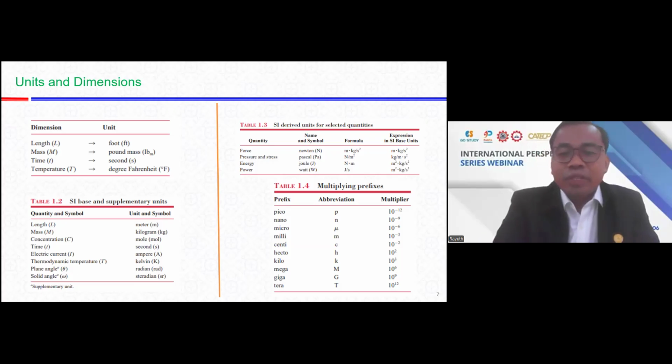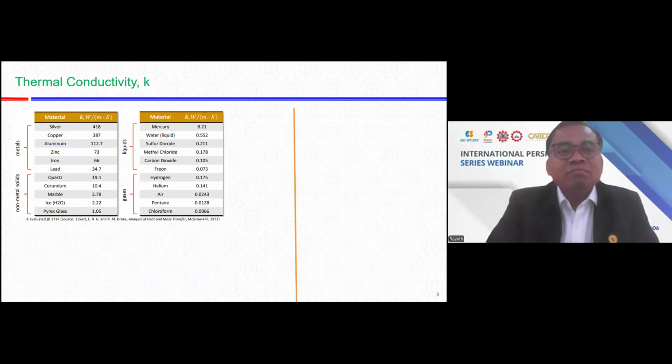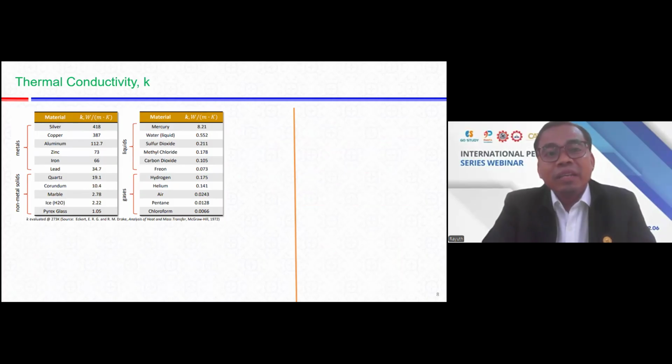Unit is important. And as I mentioned at the beginning, heat moves from high to low, so we have to select the material for its thermal conductivity. We will look at metals and non-metals, liquids and gases. I put a table on the slide to show the materials, like silver, and its thermal conductivity.